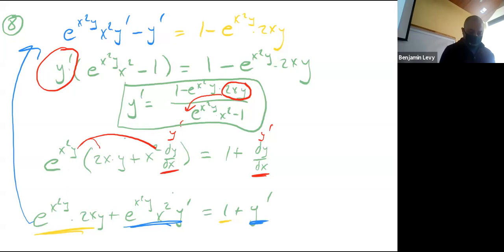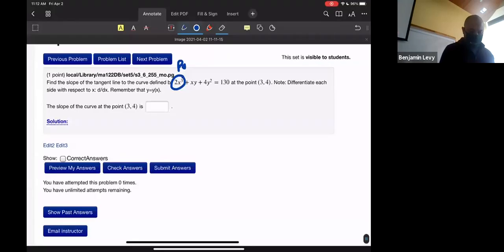Okay, so y is a function of x, right? So when we do d over dx, this is just a normal power rule. Right, still doing the whiteboard thing. There we go.